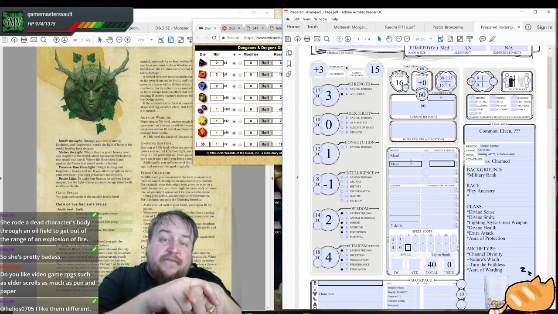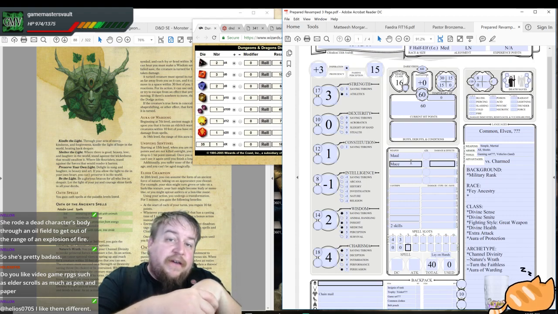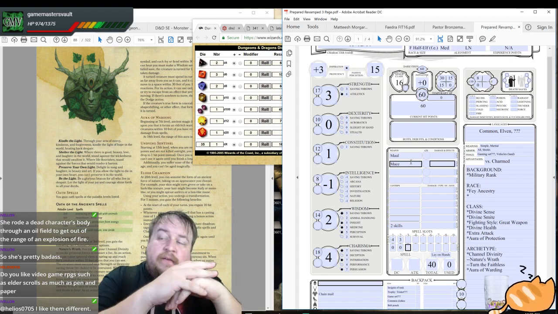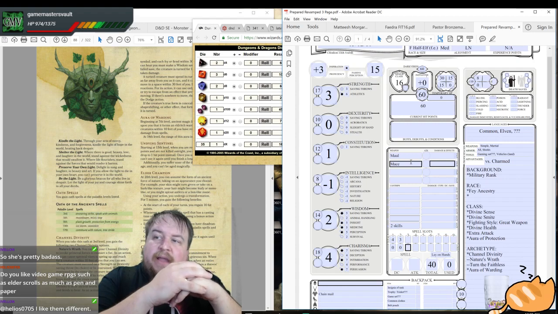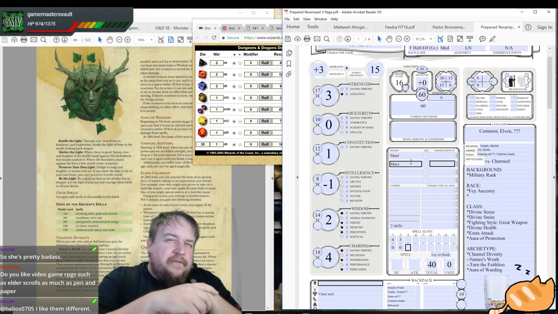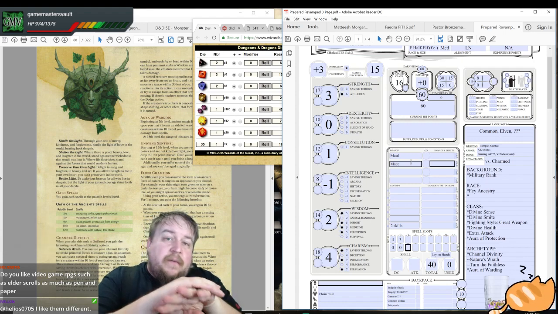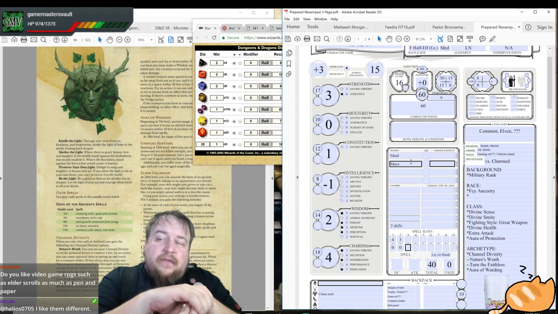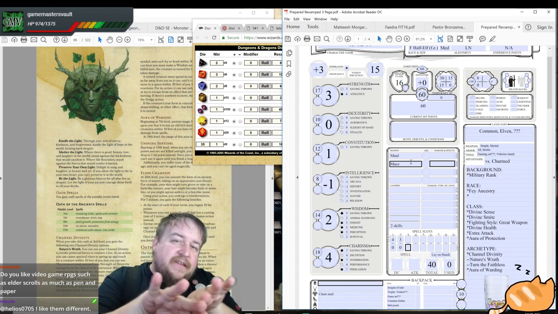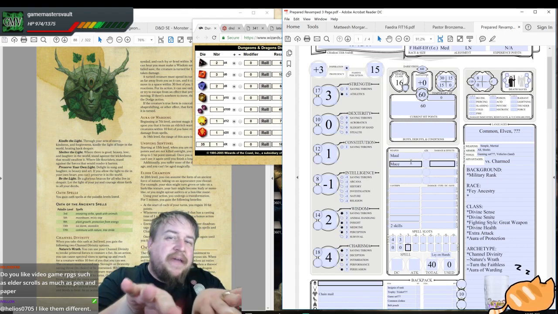And I did play Final Fantasy XI for a while, and I do play Final Fantasy XIV. They're not the same, though. They are both role-playing games, tabletop and video game, but they're not the same. I appreciate them in different ways. I hope that makes sense.